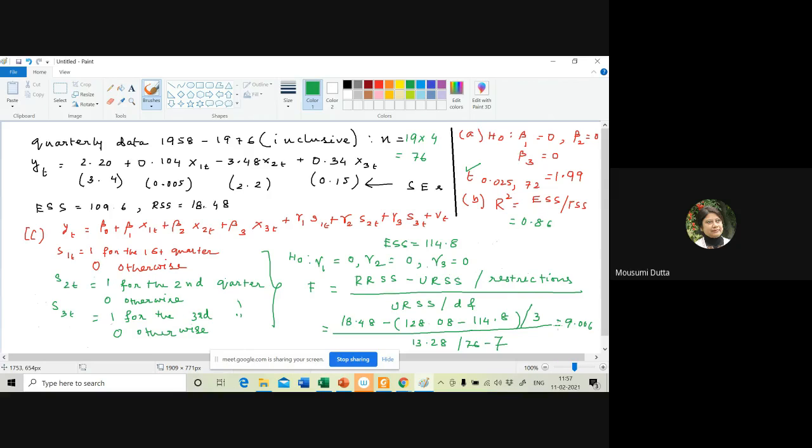And this will be compared with which F value? What tabular F we need to consider? I'm considering one tail test only. If we consider one tail test at 5% level of significance, what F value we need to consider?